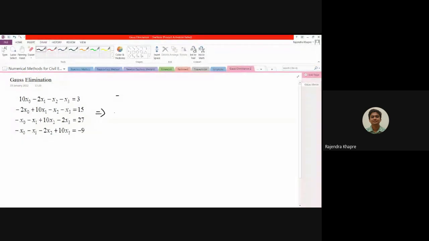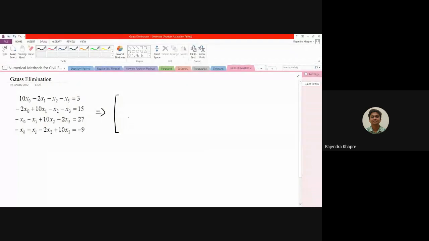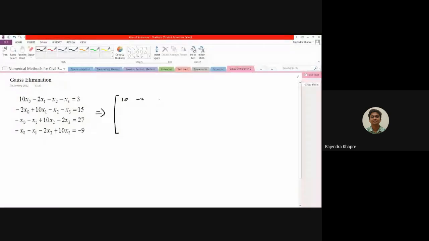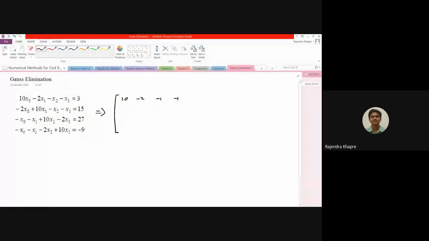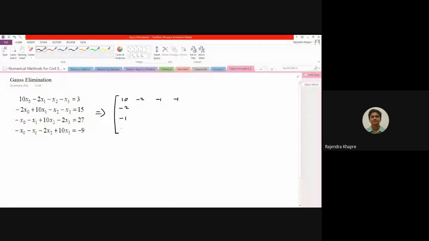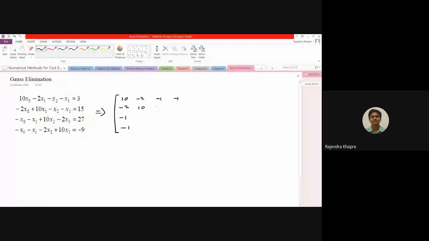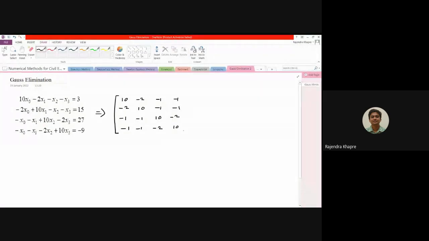So what we can do is rewrite these four expressions in the form of a matrix. This will be 10, minus 2, minus 1, minus 1; then minus 2, 10, minus 1, minus 1; then minus 1, minus 1, 10, minus 2; and minus 1, minus 1, minus 2, 10.